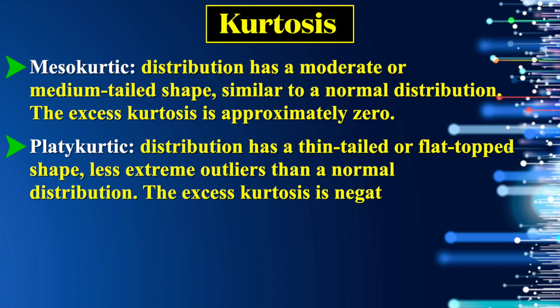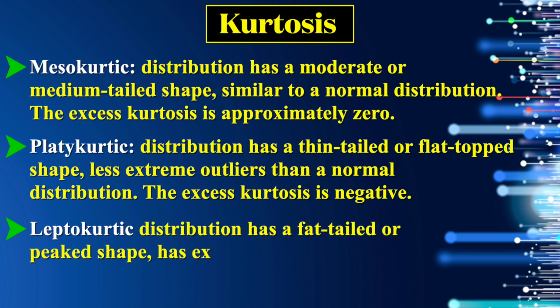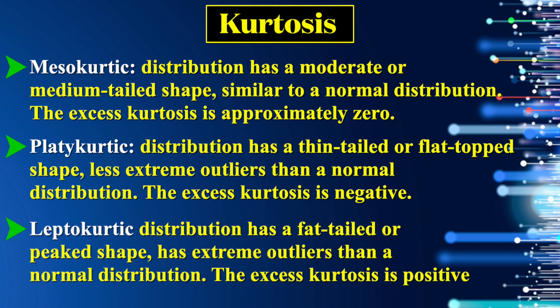Platykurtic means the distribution has a thin tailed or flat topped shape, meaning it has fewer extreme outliers than the normal distribution. The excess kurtosis here is negative. The third one is leptokurtic. This means the distribution has a heavy tailed and peaked shape. It has more extreme outliers than the normal distribution, and the excess kurtosis here is positive.